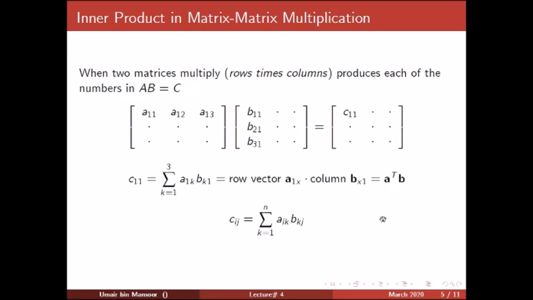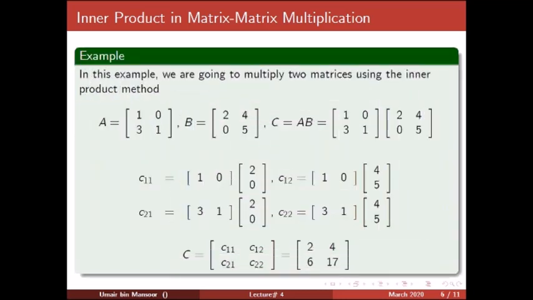Okay, let's look at the other way in which you can find the product of two matrices A and B. Before we do that, let's go through an example of matrix multiplication using the inner product.